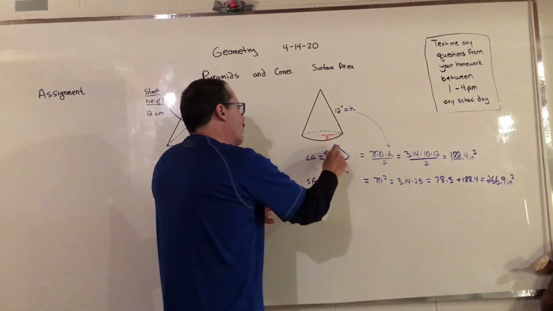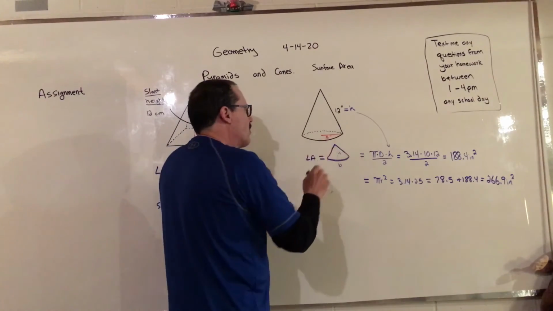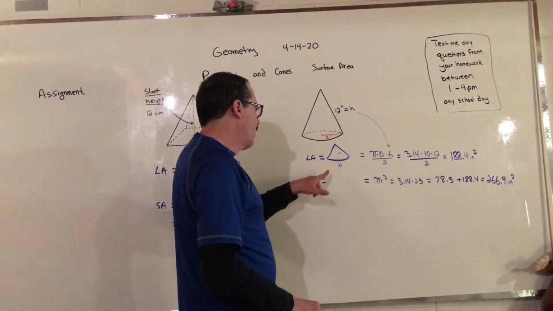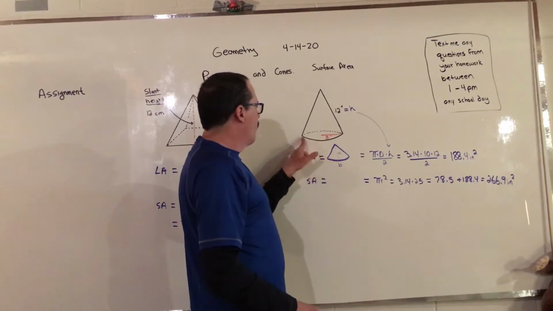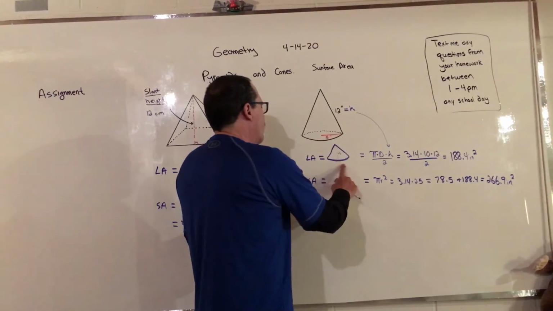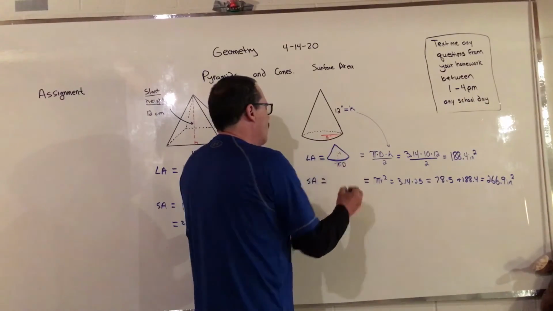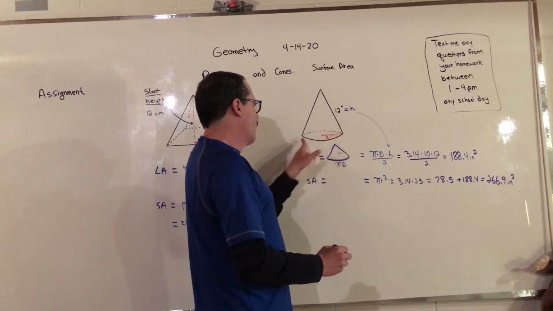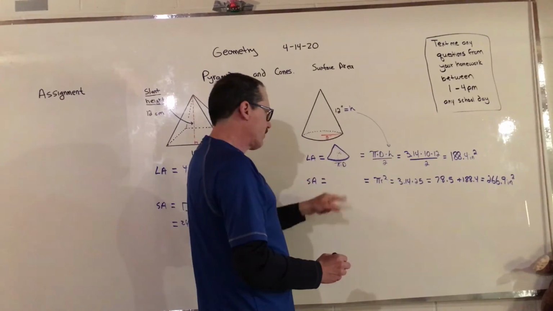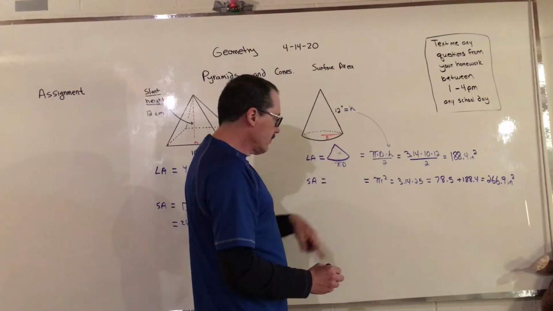And so I should put a little h in here. And so the formula becomes, your base is actually what went around the circle here. And so instead of a b here, we're going to write pi times d. That's the base of it. It wraps all the way around, and times the height, and then divide by 2 because it's a triangle.